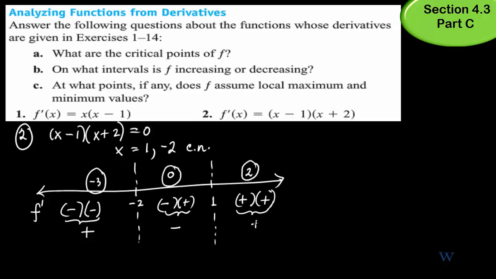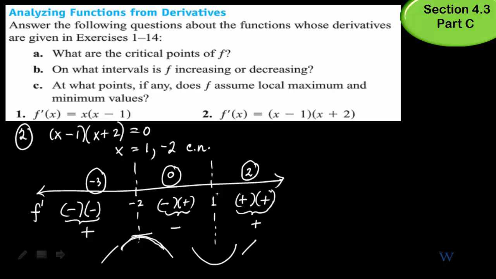So that makes it positive. You have a change of sign from positive to negative, which means you have a local max. And then from negative to positive means you have a local min at x equal to 1.